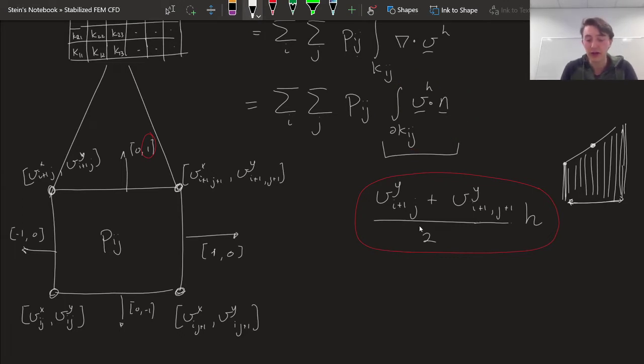So let's try and work out the same integration on the right boundary. Well, on the right boundary, my normal vector is 1, 0, so it means that it only gives me the x component.